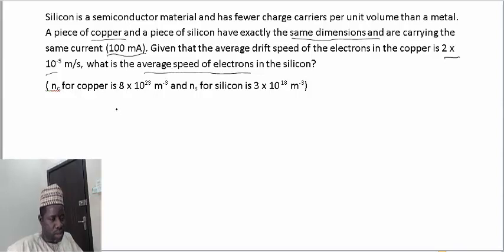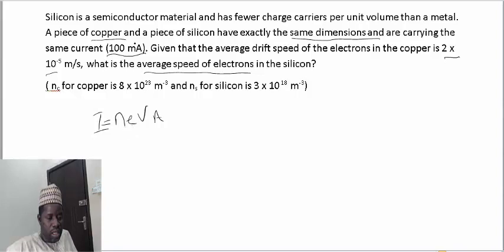Making use of the expression for current, we have to evaluate current in copper and current in the silicon.